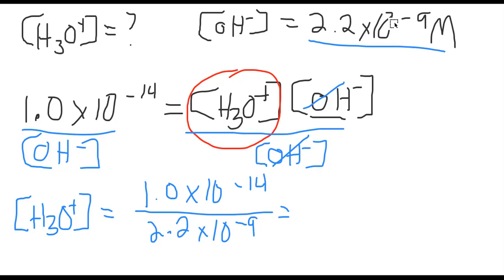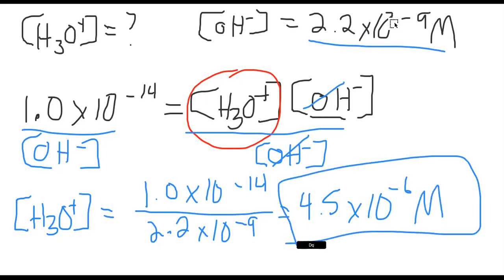So 4.5 times 10 to the, and it's negative 1, 2, 3, 4, 5, 6. I get negative 6. That's how you do those types of problems using this equation here. I think they only have 1 or 2 on the homework. You won't need this equation for the exam or for the final, just for the homework.